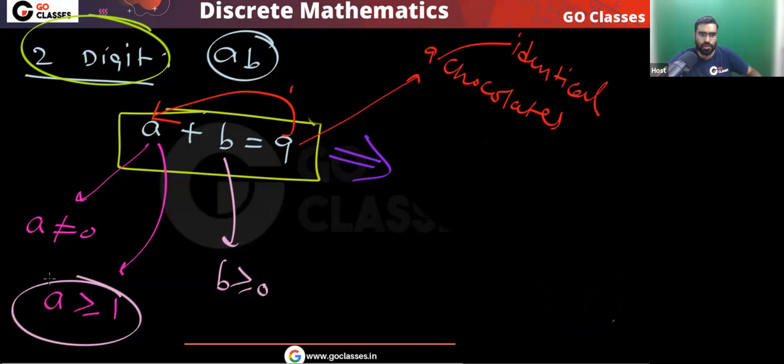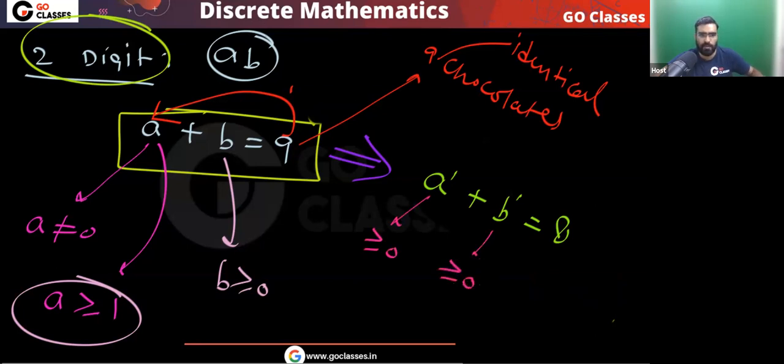So give 1 chocolate to A. What is the new equation? A dash plus B dash equal to how many chocolates are remaining? 8 chocolates remaining. Now you can give it anything.